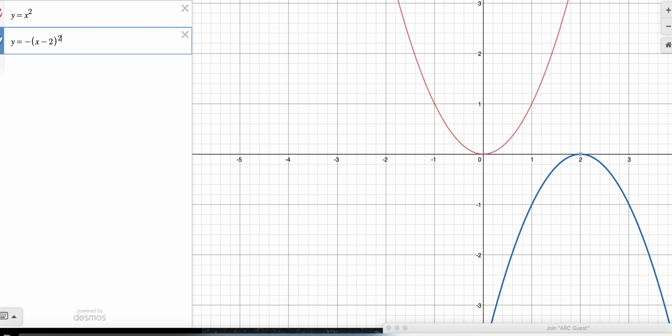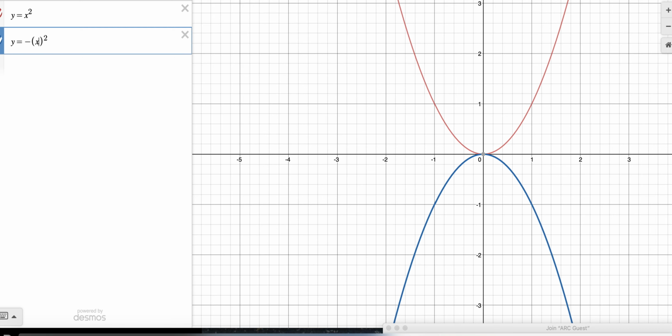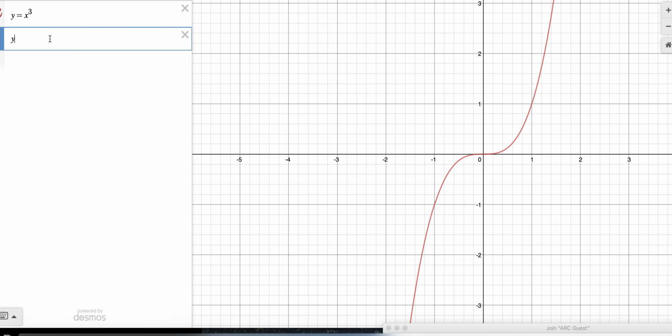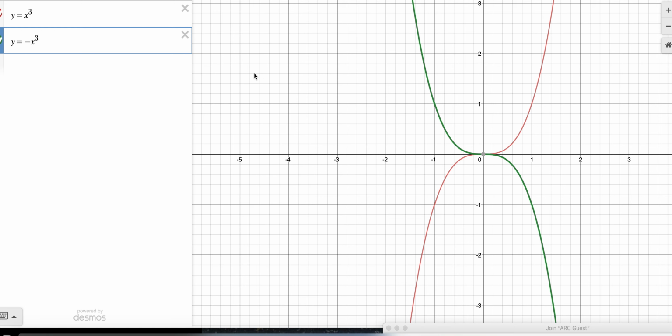Now, if I want to reflect across the y-axis, that's a little bit simpler, okay? This is already symmetric, so it's really not helpful. Let's look at another equation for that. Let's look at x cubed. We already know the negative out front is going to change it, and it's going to reflect it across the y-axis.